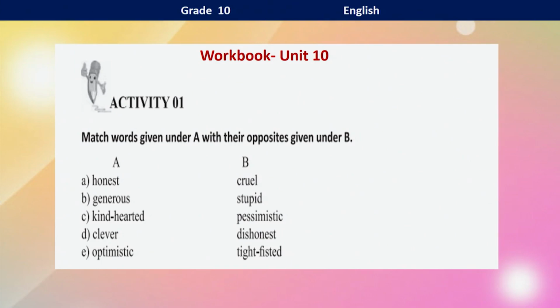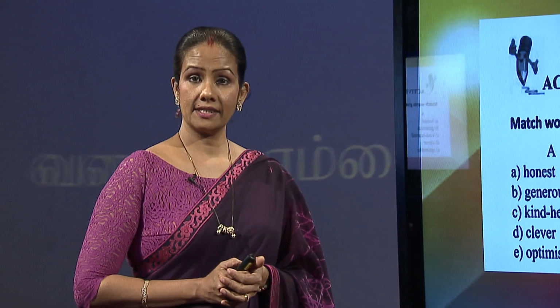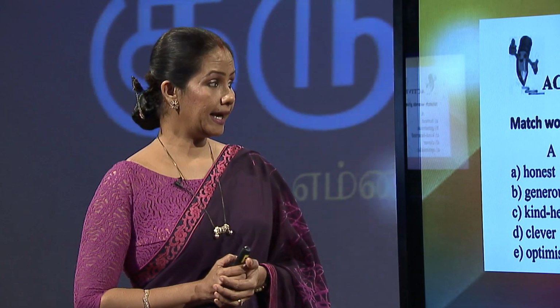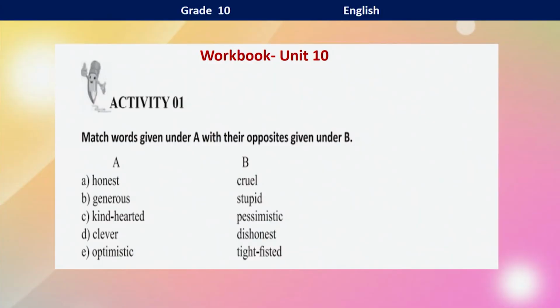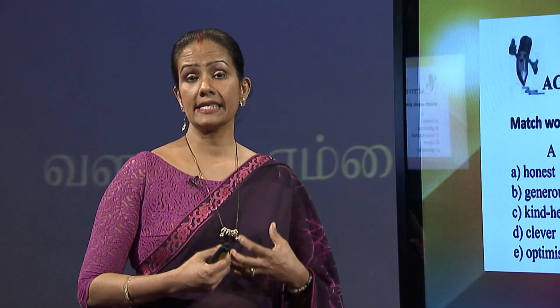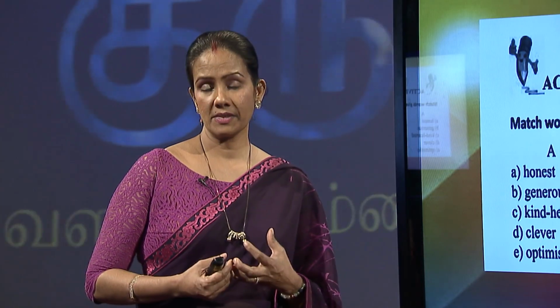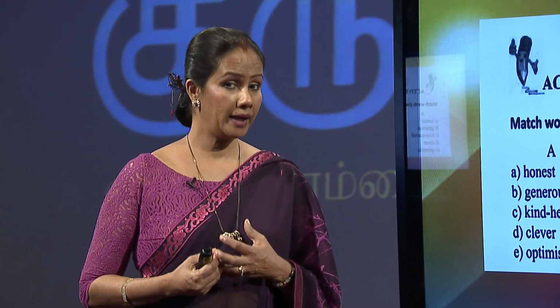That's right. So this is a workbook activity in Unit 10, and match words given under A with their opposites given under B. Now children, opposites, you know what is opposites. Opposites are actually another word, it is antonyms. Sometimes this word antonyms will be given in your papers.